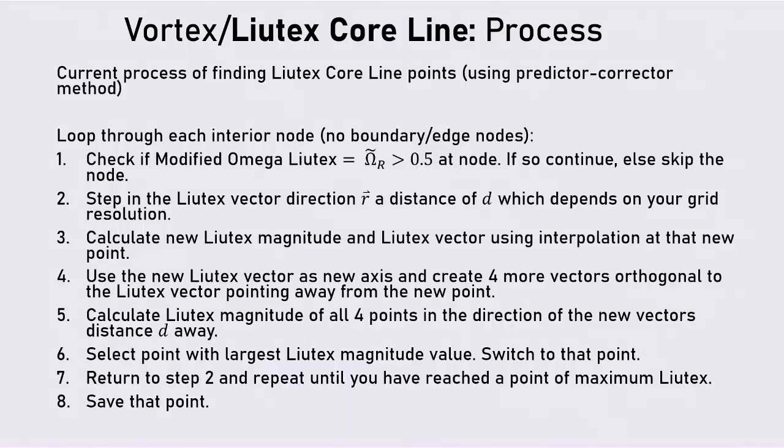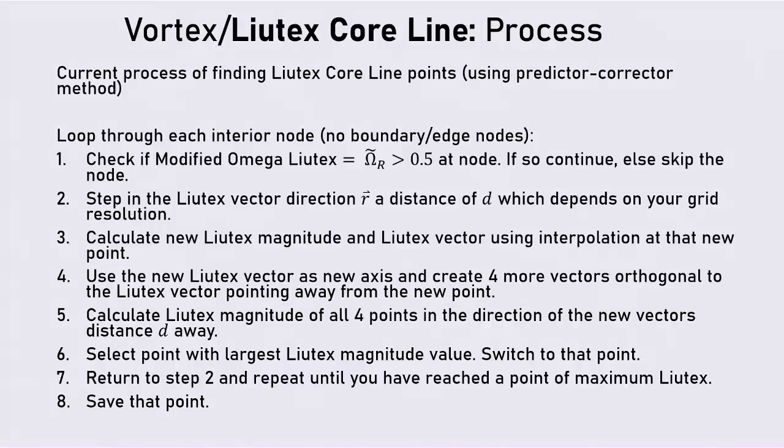So your grid may be this coarse. Well, this point and this point, and this point, and this point are around the core line. But they're not touching or intersecting the core line.